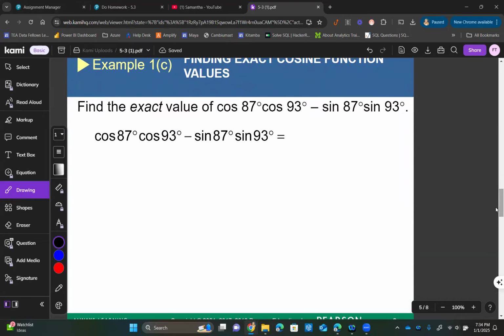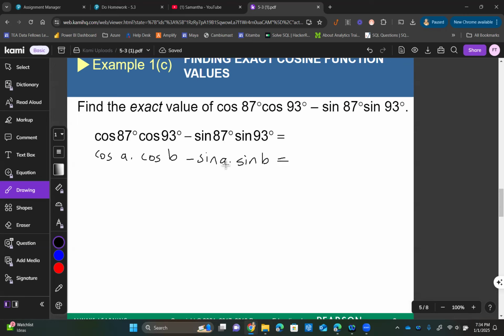This is my favorite question type for this lesson. So when we need to find the answer for cosine 87 times cosine of 93 minus sine of 87 times sine of 93, let's say we don't have access to a calculator, so we cannot plug it in. But we know that this looks like cosine of one angle times cosine of another angle minus sine of the first angle times sine of the second angle.